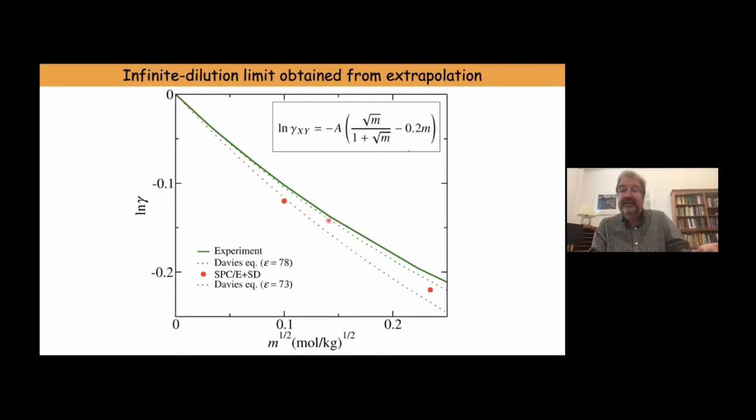So we can anticipate that our chemical potential here at a finite concentration should be on the equivalent line with the permittivity of our model water, which is not 78, it's 73.